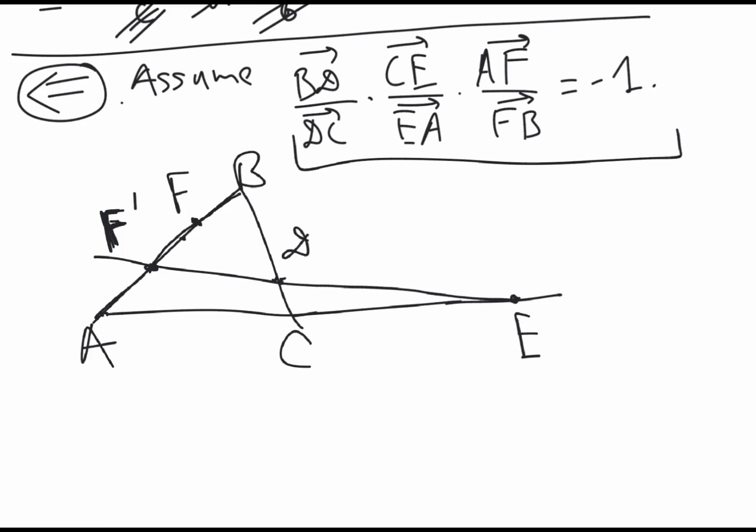So basically we need to prove that F and F prime are the same point, because if it's the same point, then these points are collinear.